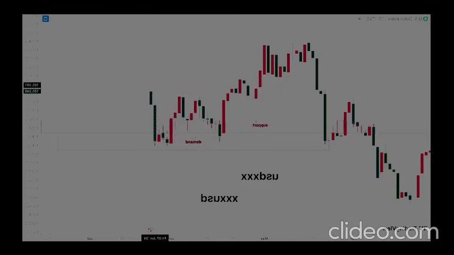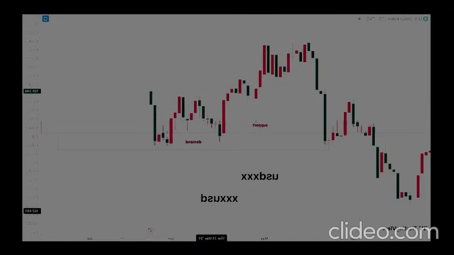DXY is going up, then that pair goes down.